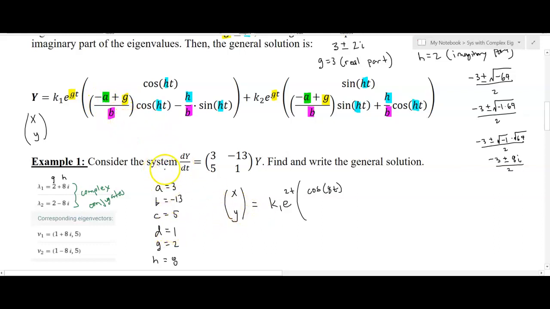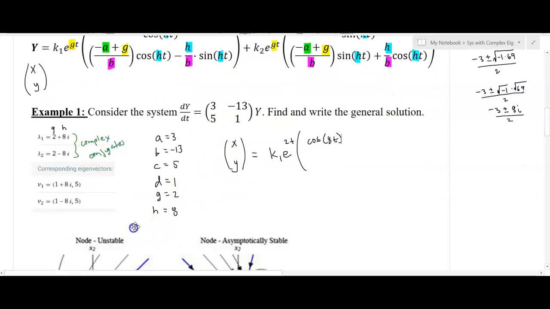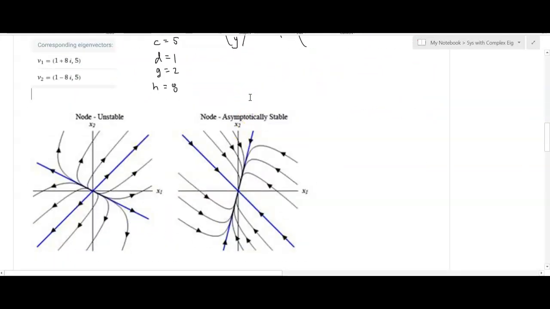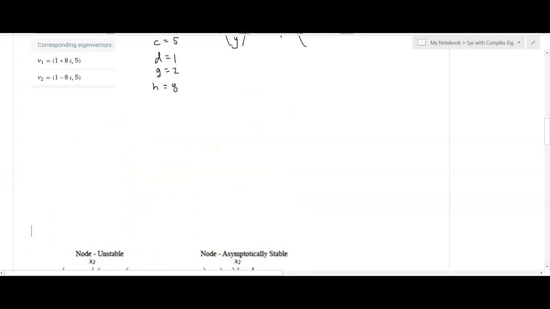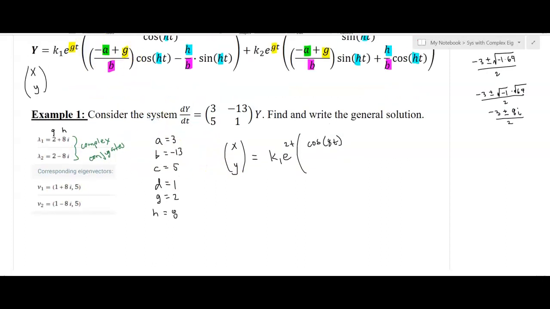That might be something I want to do off to the side, so I don't have to keep writing that big fraction. Let's write that down, figure out what that coefficient is, and then worry about plugging it in. Negative a plus g over b is negative 3 plus 2, which is negative 1. Negative 1 over negative 13 is 1/13.